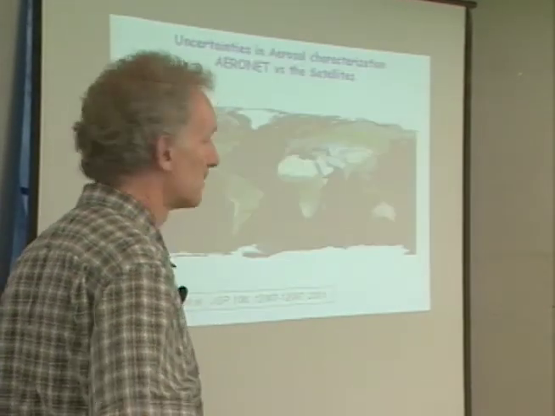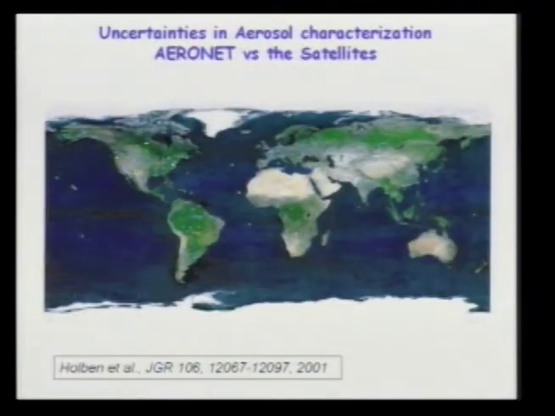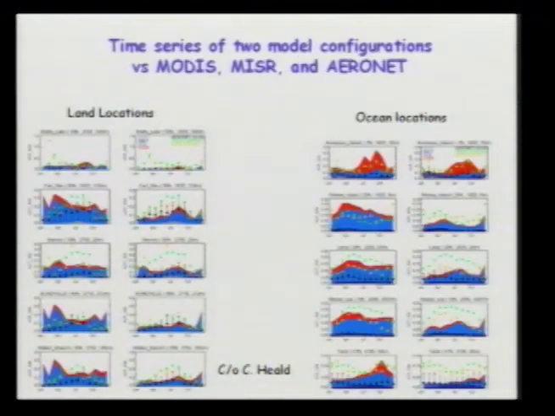And I think, okay, I'll go through this very rapidly. There are a set of stations, about 180 stations over the globe, which are attempting to characterize aerosols. They're known as the AERONET sites and documented in a paper here.